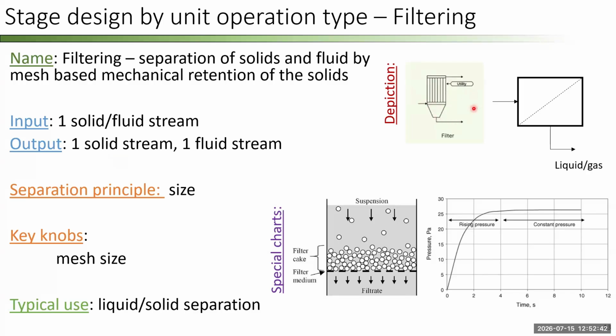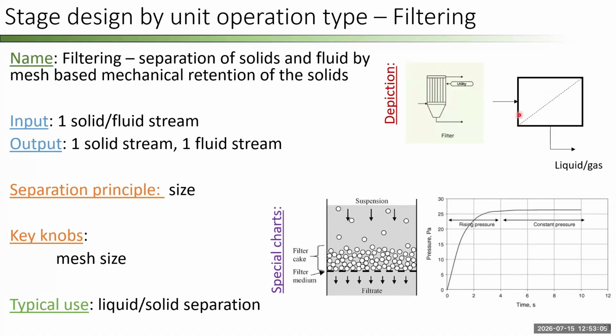So you can see this, fluid. This is maybe what I would draw in an engineering diagram if I have a gas phase it comes in. There's a filter, so a mesh of some sort, and it can be very, very fine mesh. It could be paper, and the solids might come out the bottom because they won't fit through the paper, and the gas will come out the top.